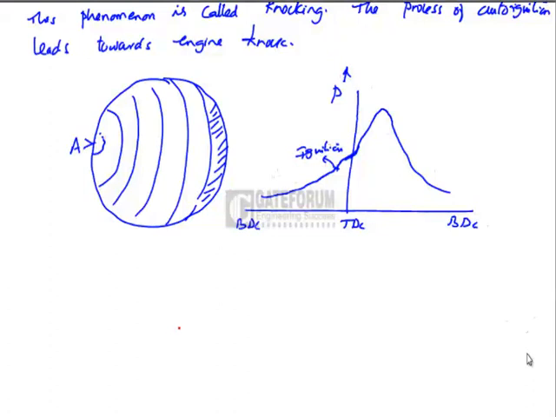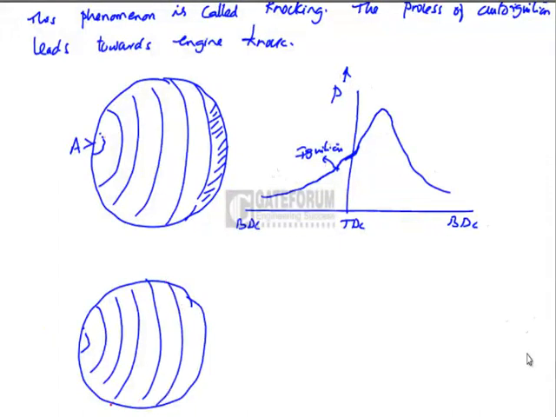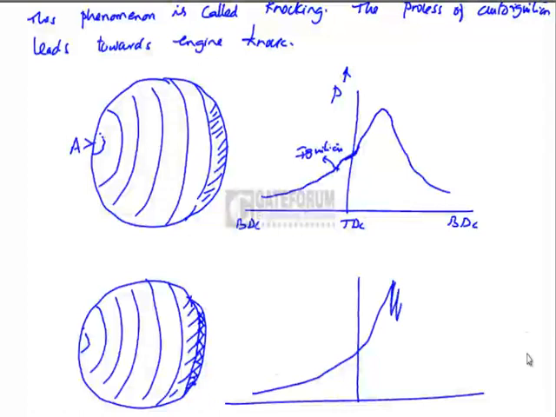Whereas the next figure, what I am going to draw now, shall show that flame front propagation, compression, this is the power stroke, this is the point where ignition is given.